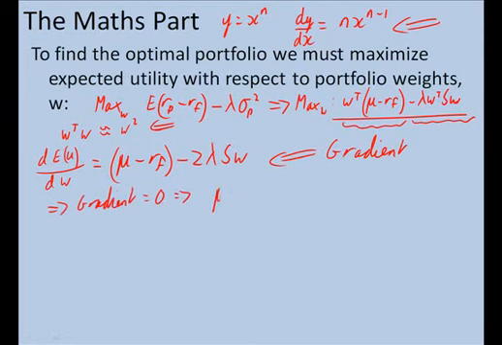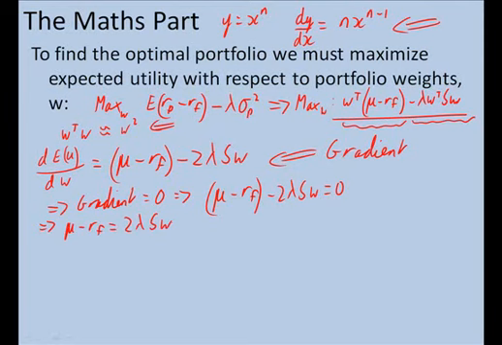We're going to get mu minus RF minus 2 lambda SW equals 0, which leads to mu minus RF is equal to 2 lambda SW.